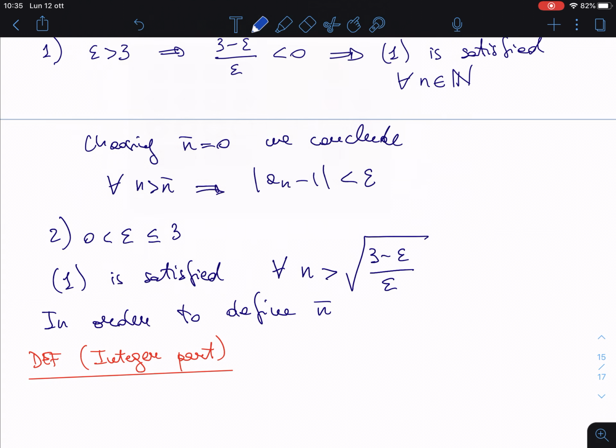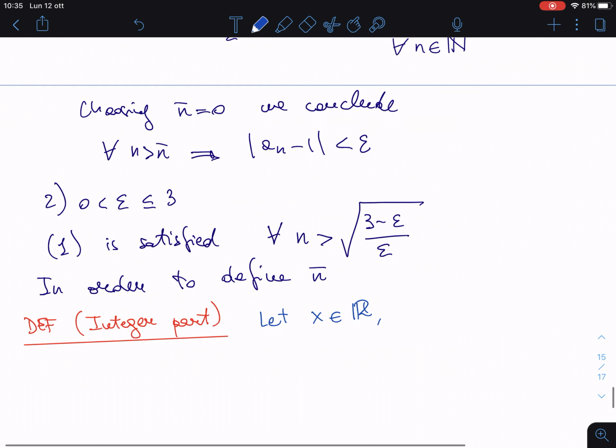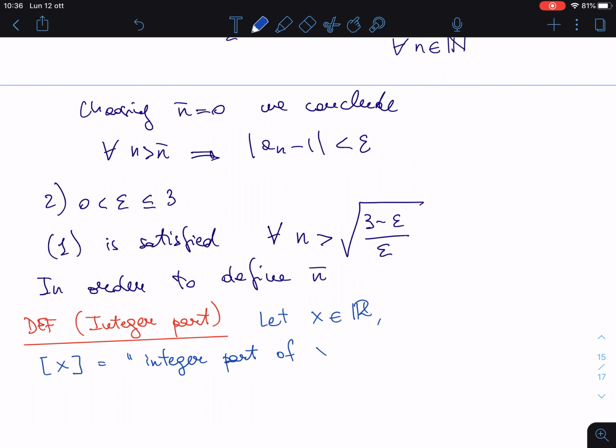That says the following: consider any real number x, then you define [x], which is the integer part of x. This is the maximum of an integer z such that z is less or equal x.